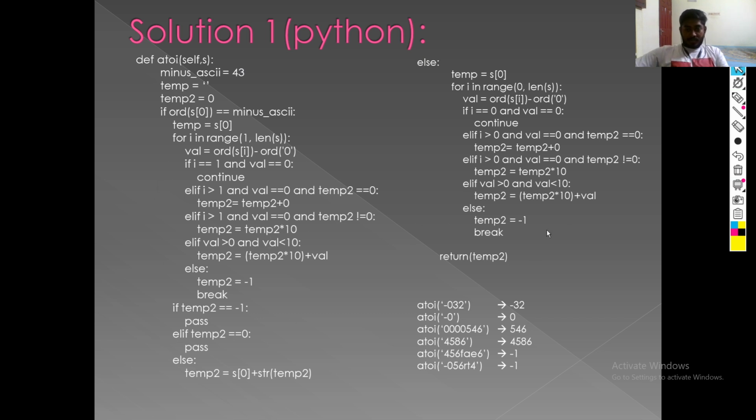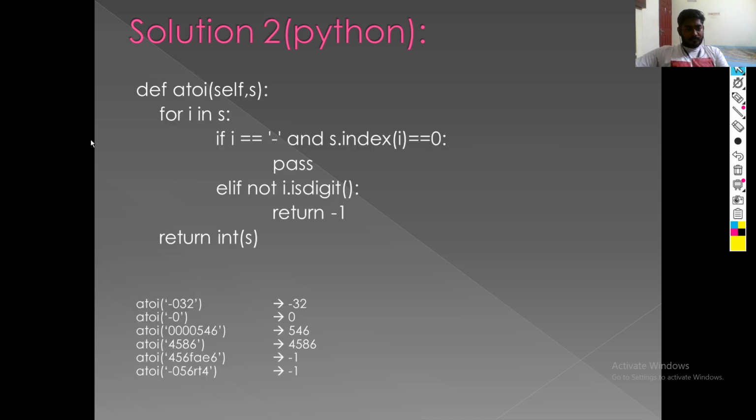We have not used any user defined or inbuilt function to check whether the string converts to an integer or not, whether it is feasible to convert to an integer or not. In this place, we are using some function but not directly. We are passing the string to a for loop. It iterates one by one over the characters.